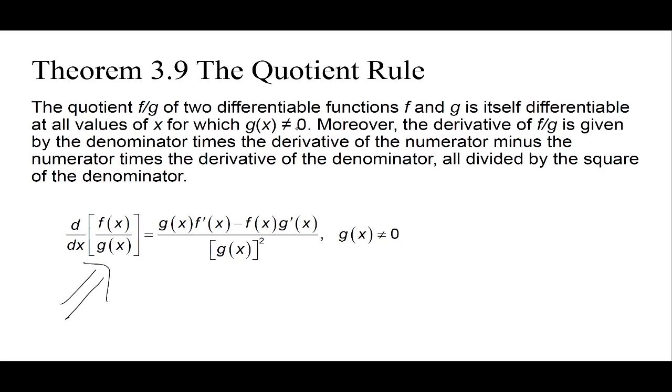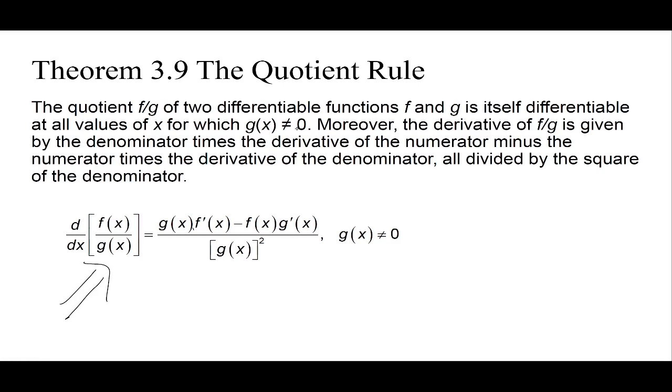Moreover, the derivative of f over g is given by the denominator times the derivative of the numerator minus the numerator times the derivative of the denominator, divided by the square of the denominator function. It's not the derivative squared, it's the square of the function.